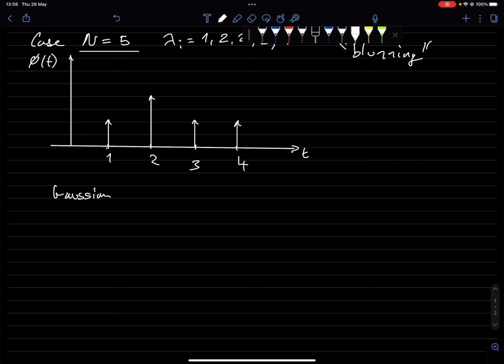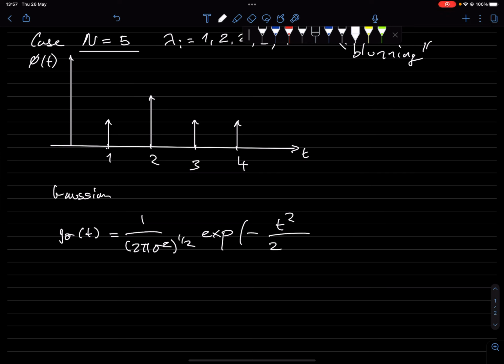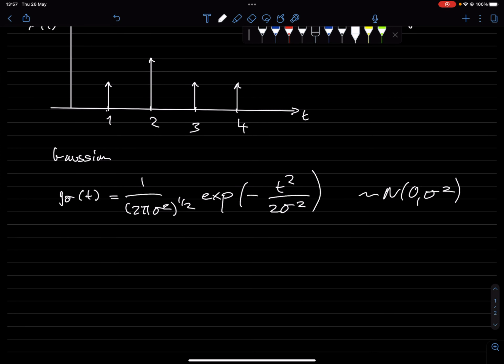So we're going to define g sigma of t as 1 over (2 pi sigma squared) to the 1/2 power, times the exponential of minus t squared over 2 sigma squared. So this is just like a Gaussian distribution which is centered at 0 and has sigma squared variance. And what we're going to do is convolve the kernel with the density of states.